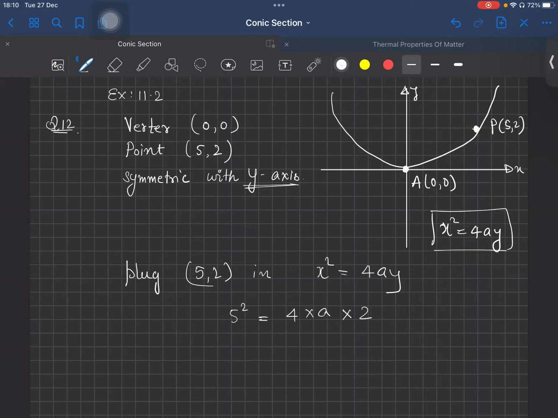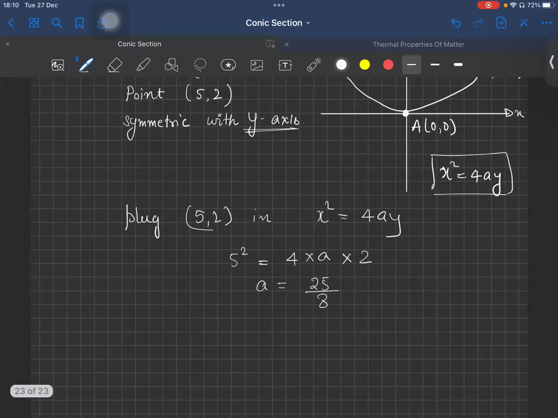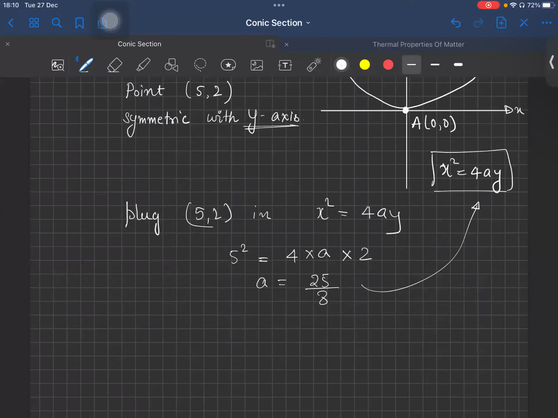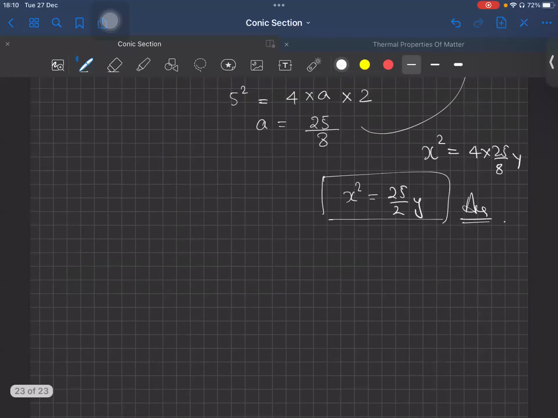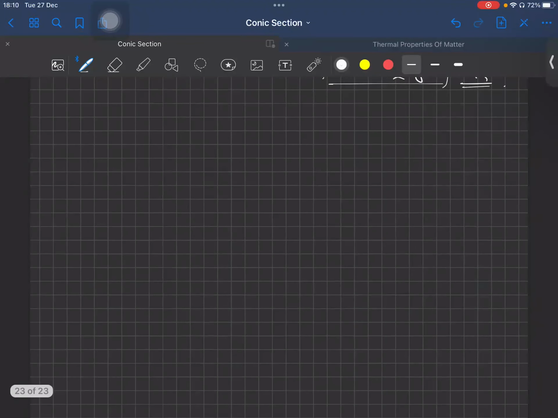From here you'll get the value of a. a will be equal to 25 upon 8. Now plug this value of a here. x square is equal to 4 times 25 upon 8 into y, so x square will be equal to 25 upon 2 y. So this is your answer. Got it? Is anyone having doubt here?